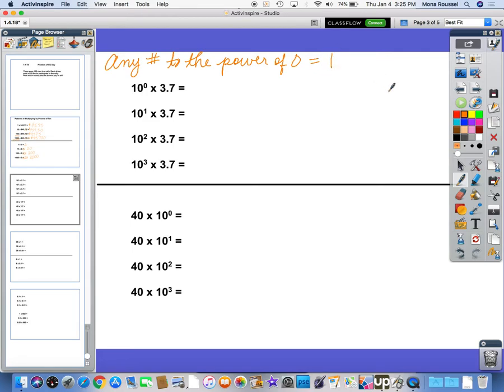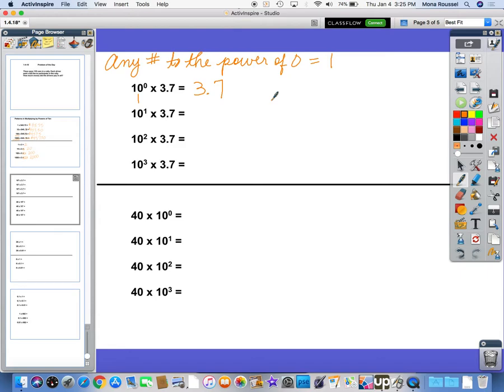So whether it's 10 to the power of 0, 9 to the power of 0, 137 to the power of 0, it's always going to equal 1. So we know 1 times any number is that number, so 10 to the power of 0 times 3 7/10 is going to equal 3 7/10.